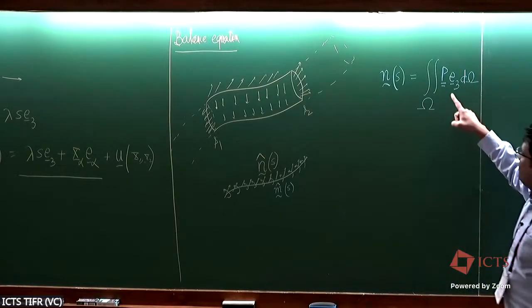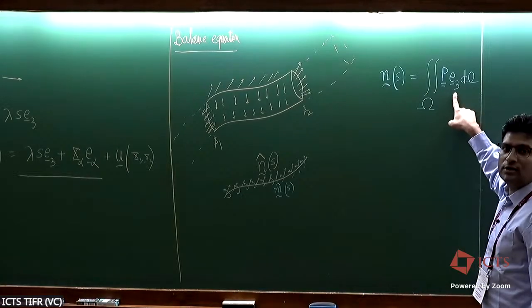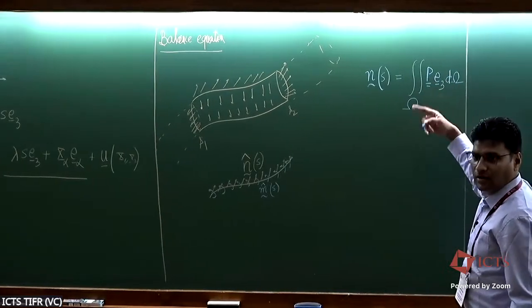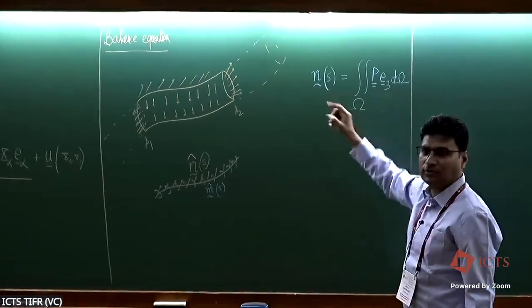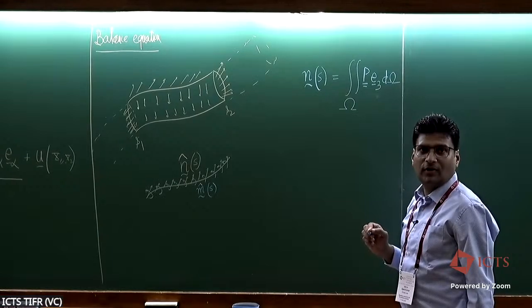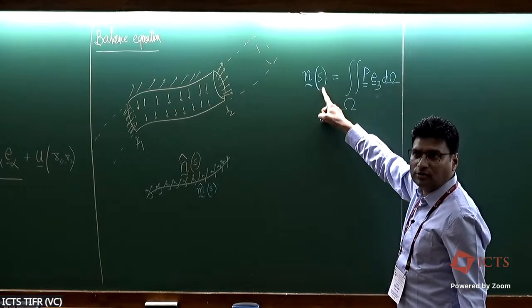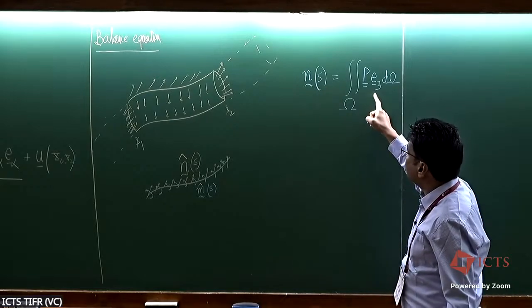So P times E3 gives you the Piola traction, which you then integrate over the cross-section to get your total force. Notice that this N of S is defined on a cross section with normal E3.